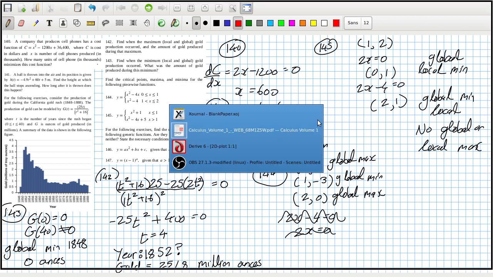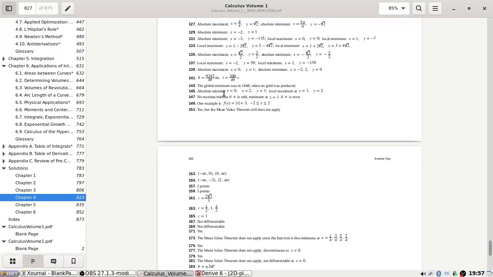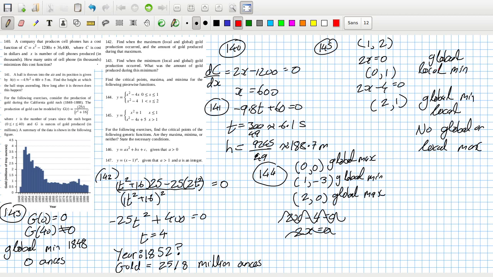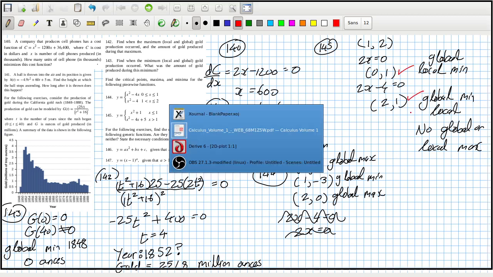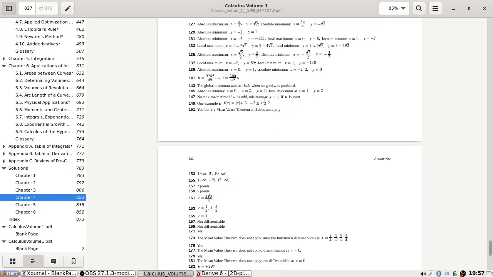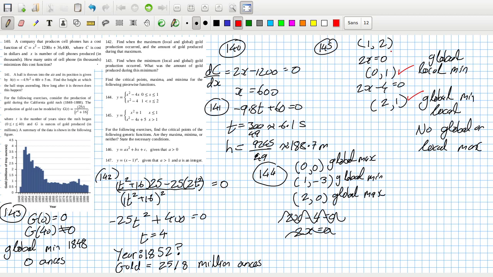Oh, am I right? Let's see. 145. Absolute minimum at 0 and 2. Global and local minimum at 0 and 2. But a local max at 1, 2. Oh, I forgot about 1, 2. That's a global max.